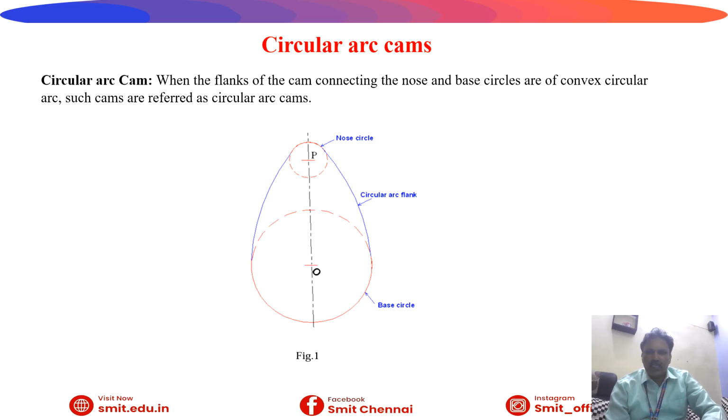We can see both the sides we are having flanks. The blue color is mentioned as a circular arc flank, and the tip part is nothing but the nose circle, which has a radius. This is again called the base circle. You can see the base circle.